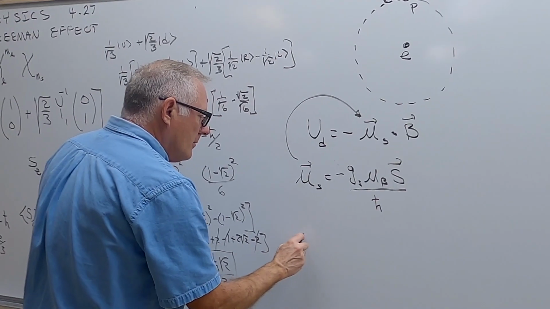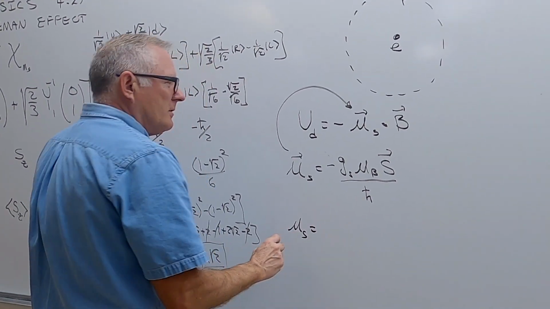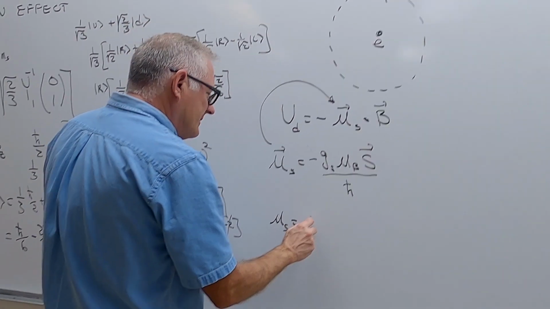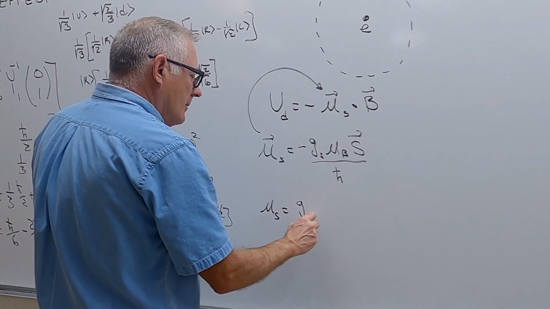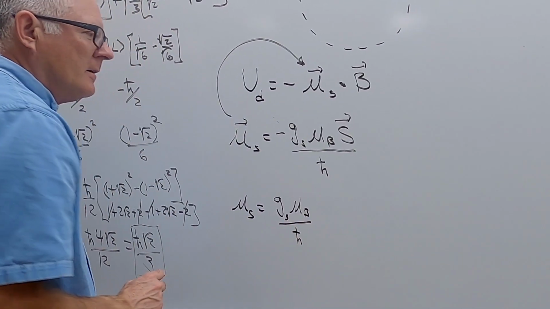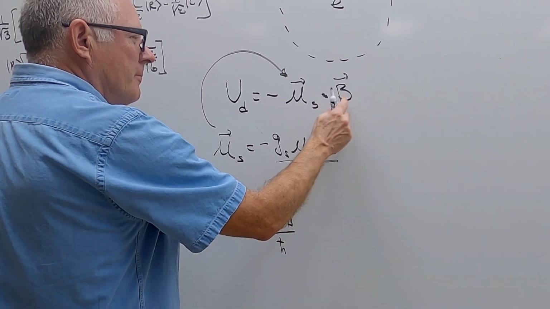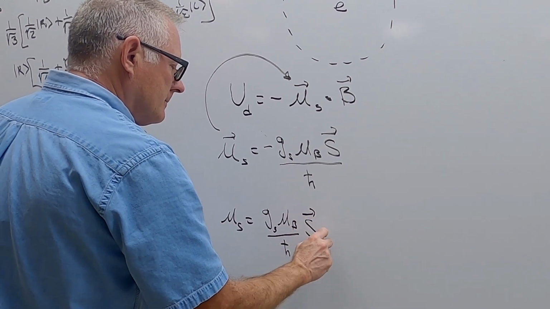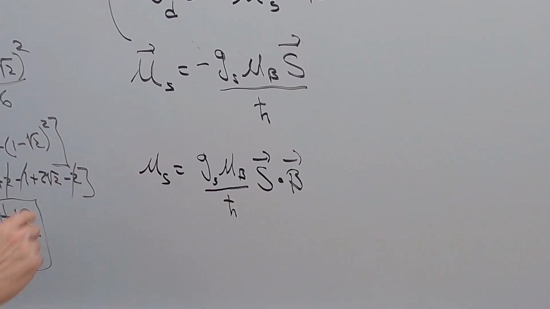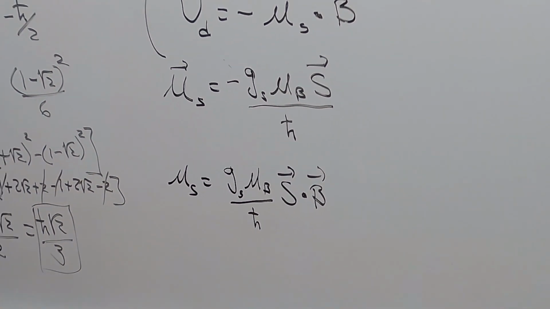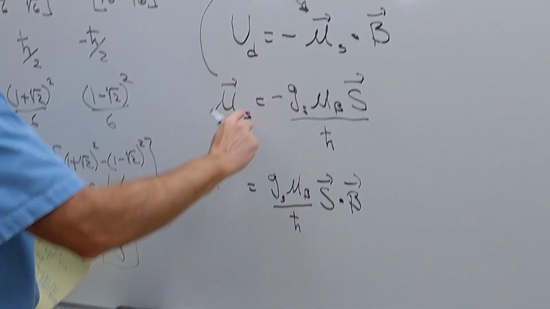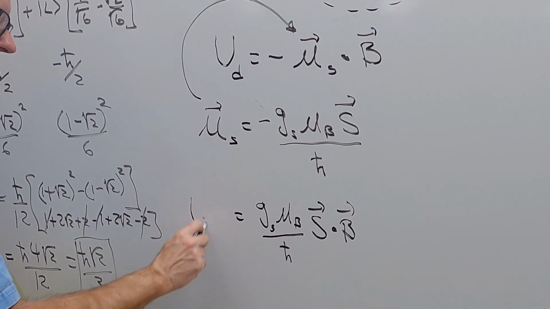So, putting that up into there, it's going to give me a plus g sub s mu_B over h bar, and then we're just going to get S dot B. Sorry, that's the energy right here, not the mu s. We're plugging this up into here. That's the energy of the dipole, U sub d.